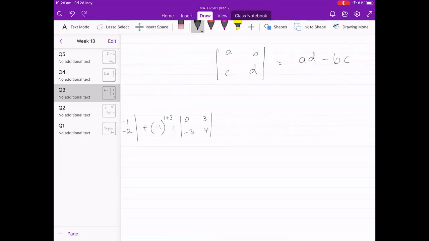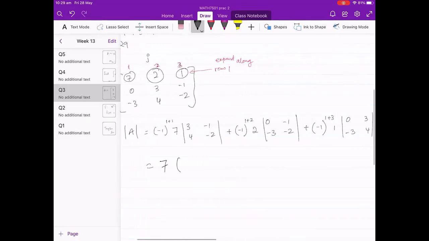So using that method, we got 3 times -2, which is -6, minus -4, and -1 to the power 3 would be -1 times 2, so -2.